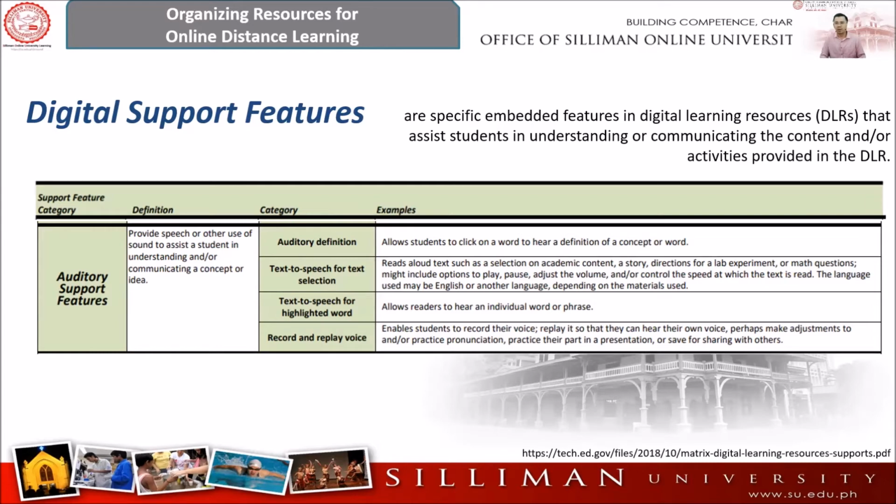This feature provides speech or other use of sound to assist students in understanding and or communicating a concept or idea. And there are four categories in this feature. Auditory definition, for example, allows students to click on a word to hear a definition of a word.